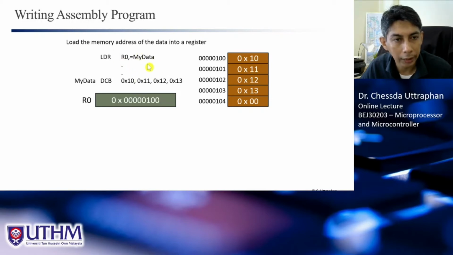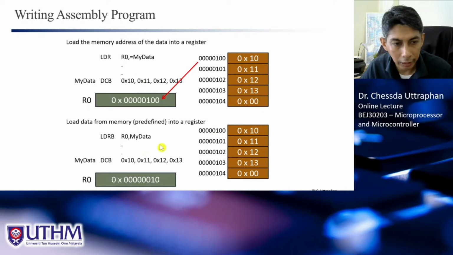So in this case, the address of my_data is 100. When I execute this instruction, R0 will have 100, the address.